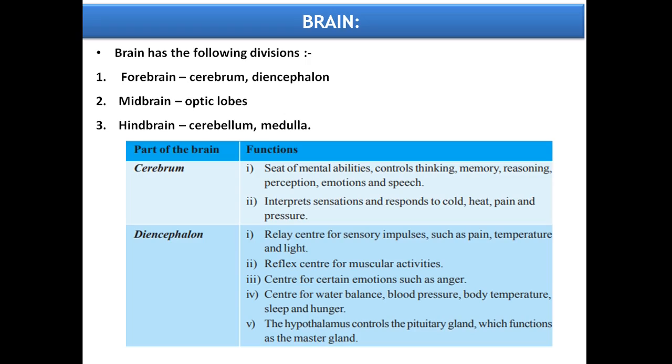Coming to the functions, it is the relay center of sensory impulses such as pain, temperature and light, the reflex center for muscular activities, the center for certain emotions such as anger, and the center for water balance, blood pressure, body temperature, sleep and hunger.